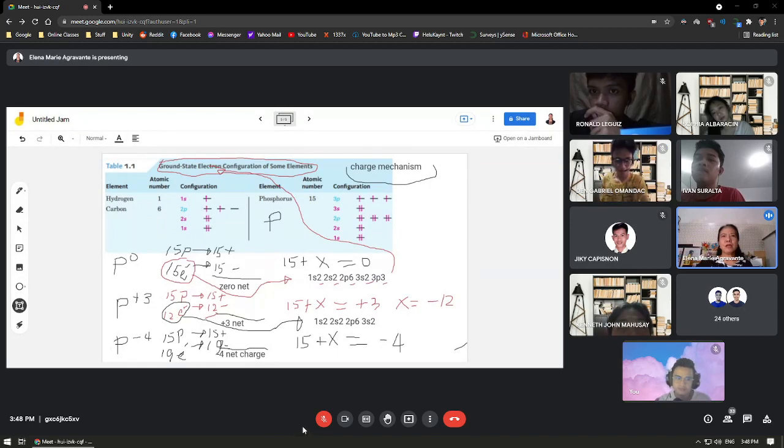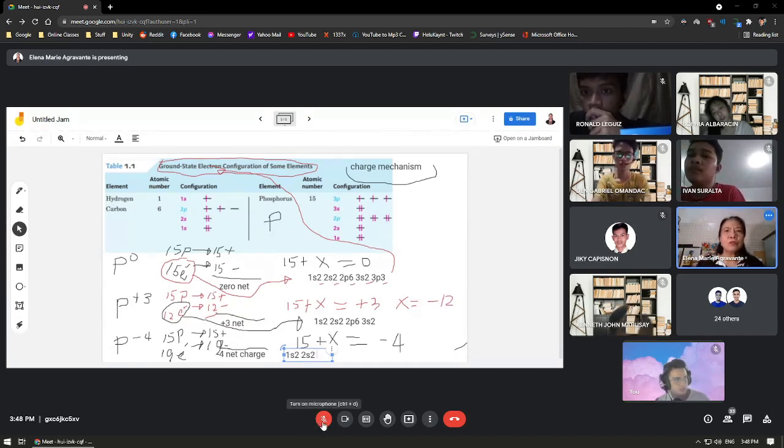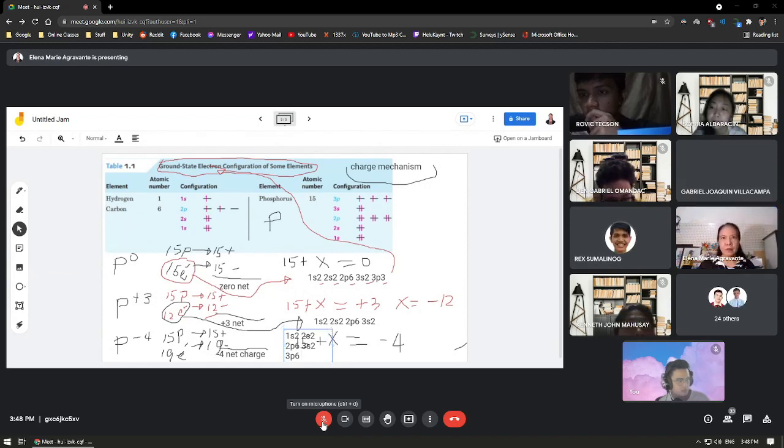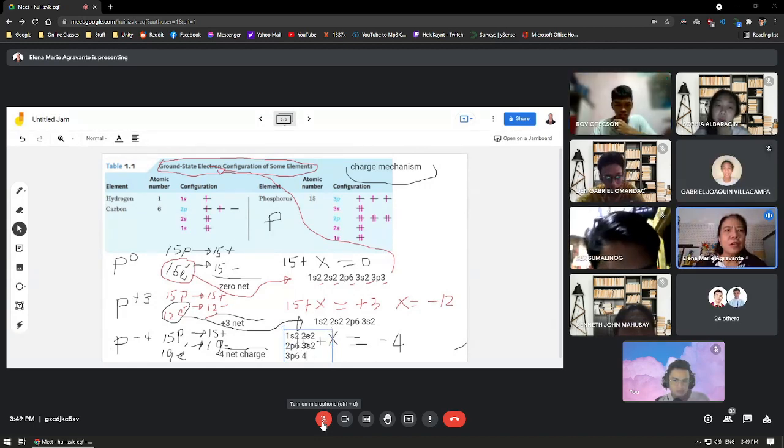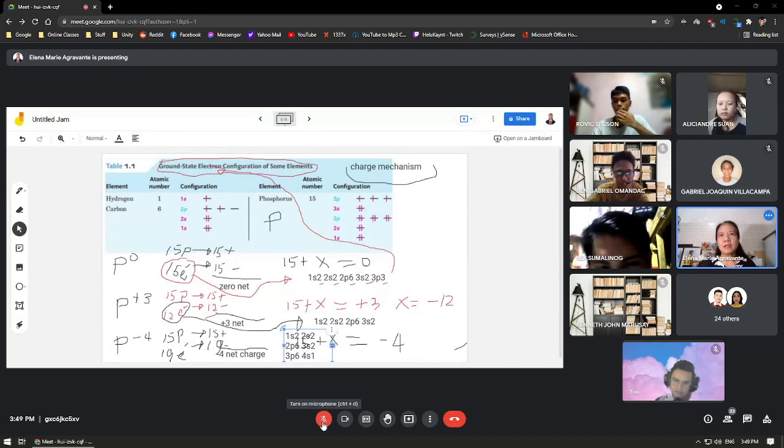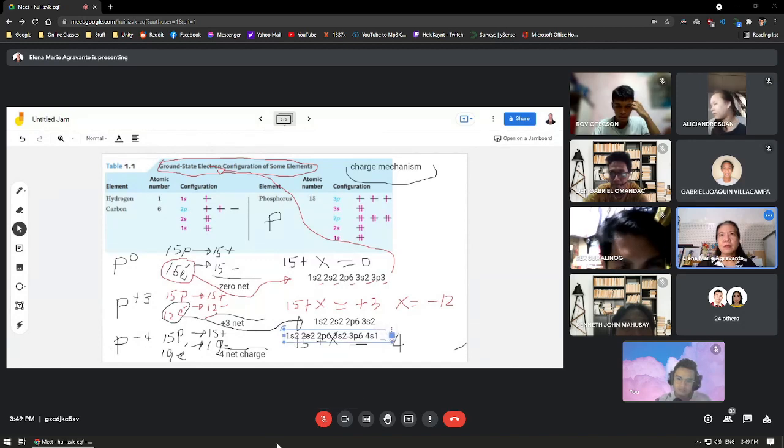So now we will have a configuration. 1s2, 2s2, 2p6, 3s2, 3p6, and 4s1. Okay, clear.